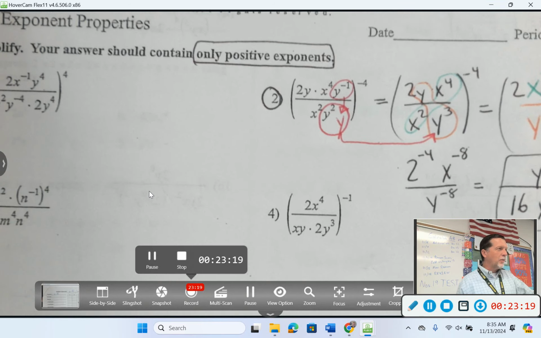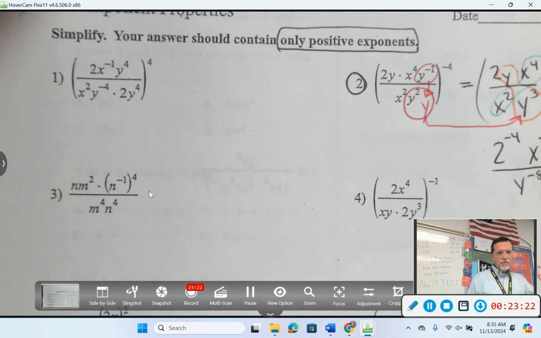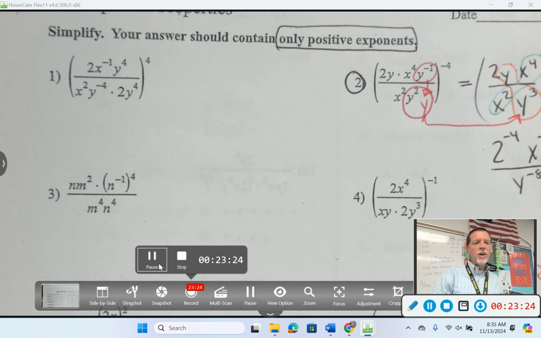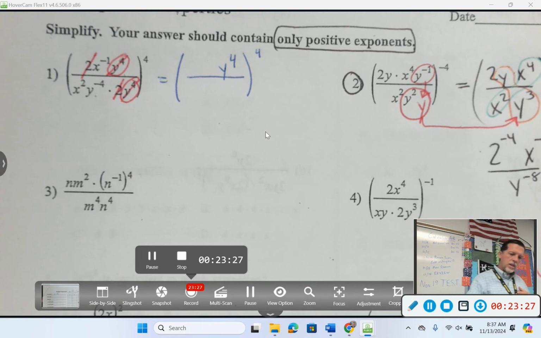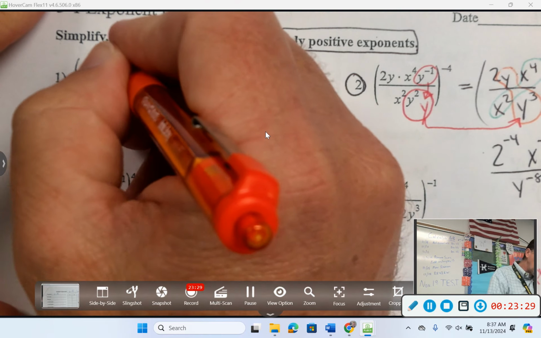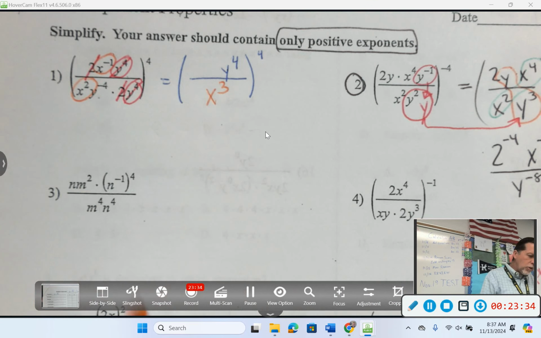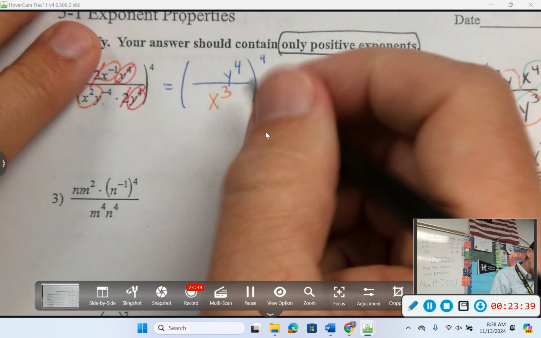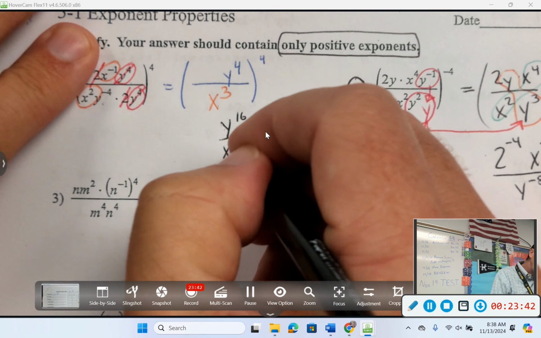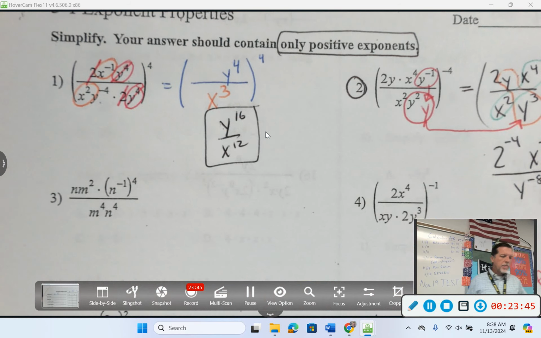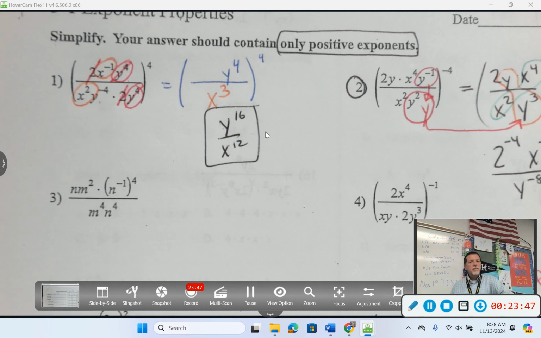Do we need to look back at number 1? All right, you try number 1. Let's see, the 2's already went away. I've got all the y's handled. So y to the 16th over x to the 12th. Show some work. Don't try to do it all in your head. I'm confused on 3.